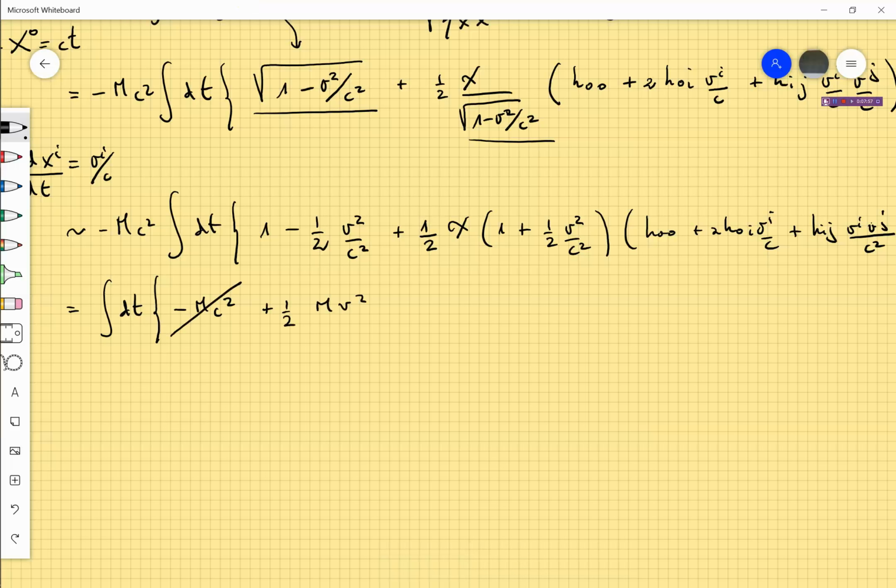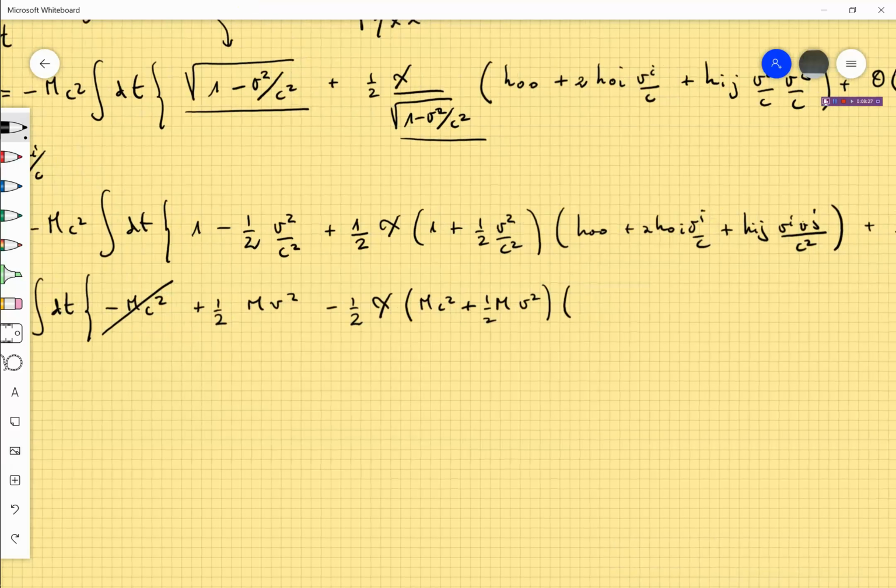This is the kinetic term of the particle in the Newtonian limit, and this is the thing that you expect in the Lagrangian, minus, and then here mc squared plus m plus a half mv squared, and all these terms that correspond to the gravitational field.